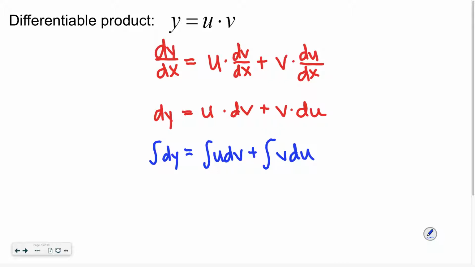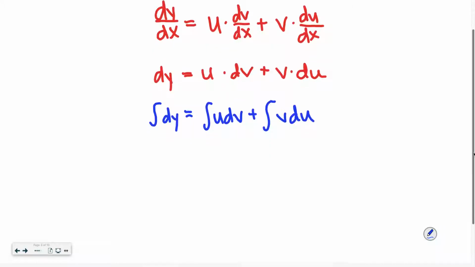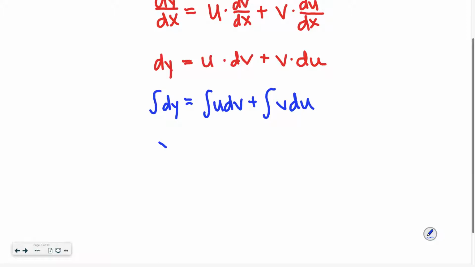What if I evaluate the integral of dy? Then we get, okay. Yeah, technically. I'm not going to write the plus c because we're still working with integrals that need to be evaluated, so we know the plus c will be coming with them also, okay?